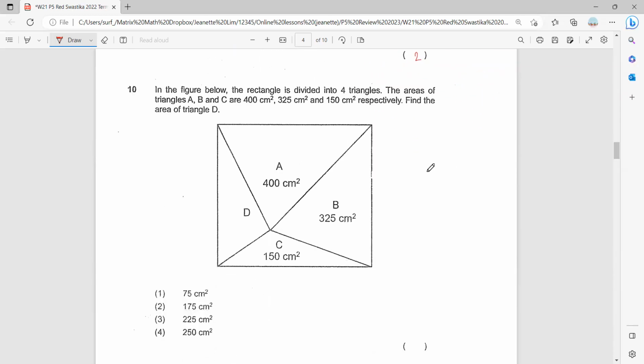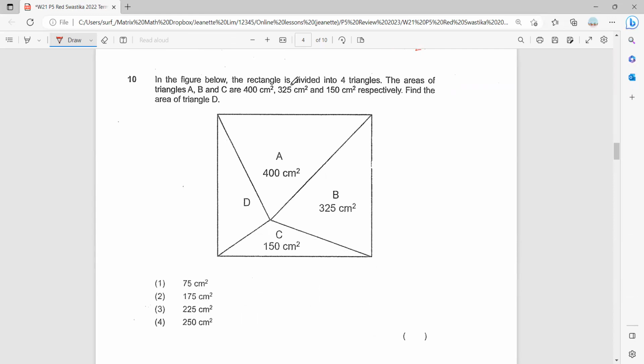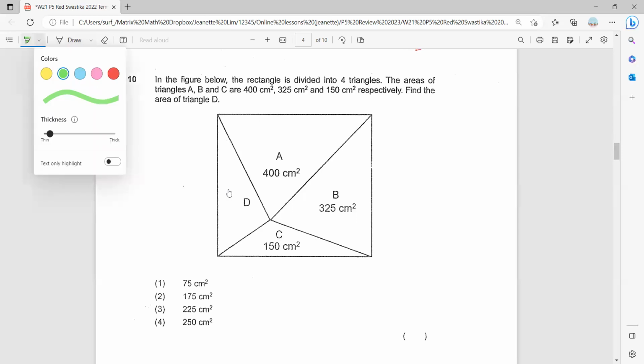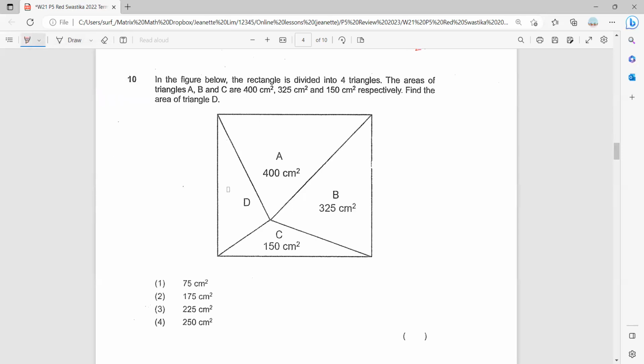Question 10, this is a tricky one. In the figure below, a rectangle is divided into 4 triangles. Areas of triangles A, B, C are 400, 325, and 150 square cm respectively. We're supposed to find the area of triangle D. Now, if you look at the rectangle, it's being split into 4 parts, but if we look at A and C, where is the height of A and C?